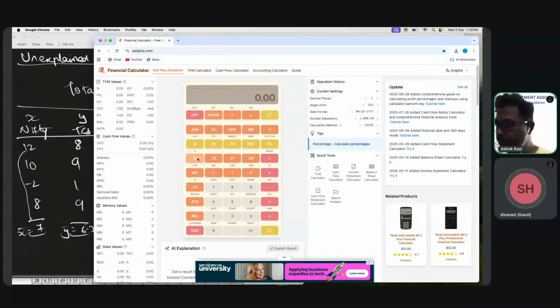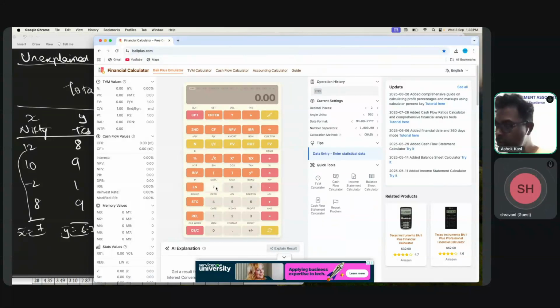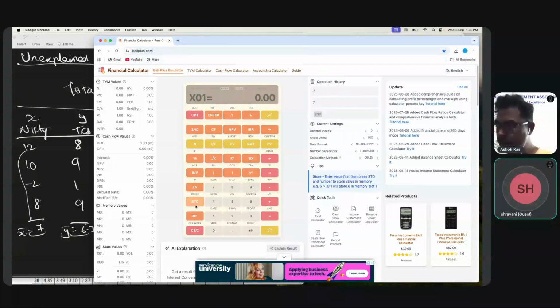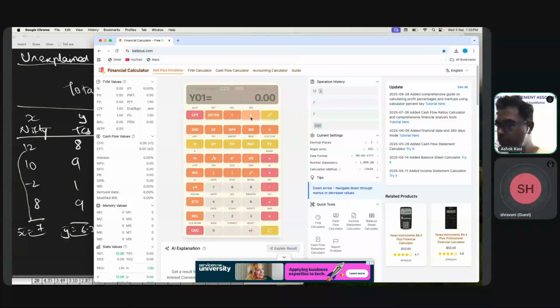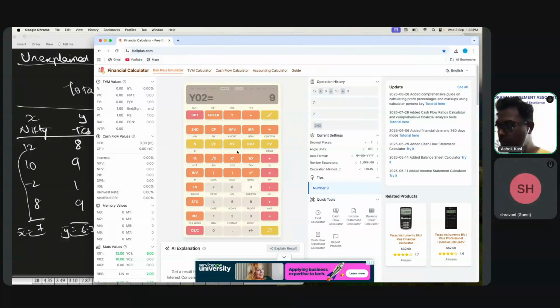Okay. So second 7, 12, 8, 12, enter, 8, enter. x2 is 10, 9, 10, 9, enter, 9, enter. Again minus 2, 1.